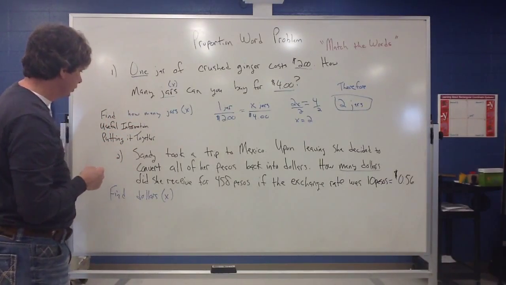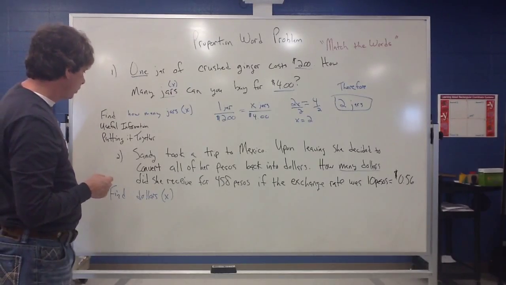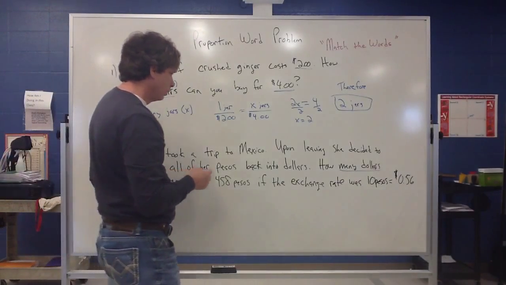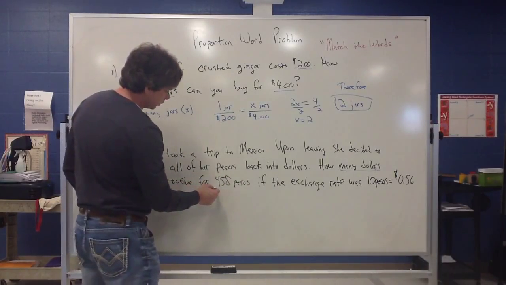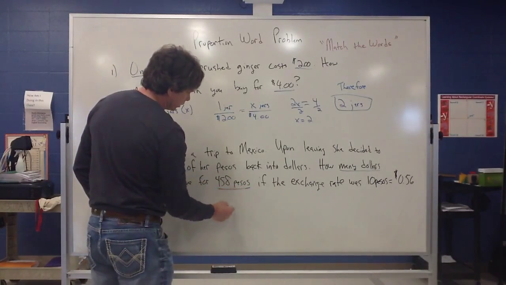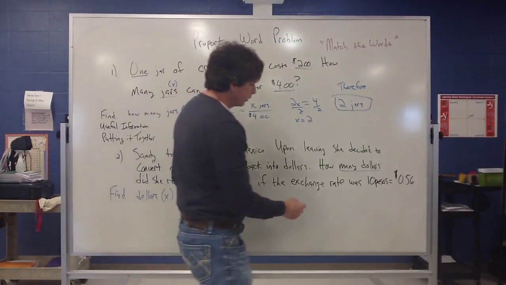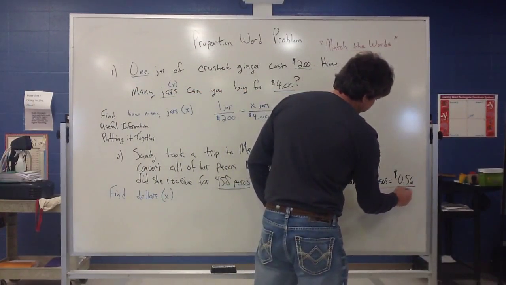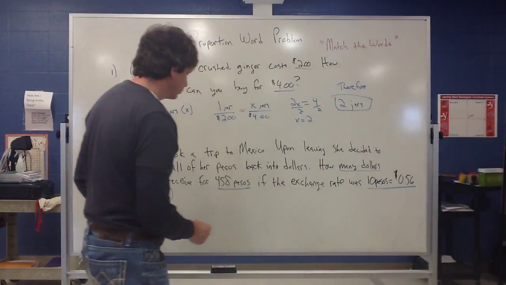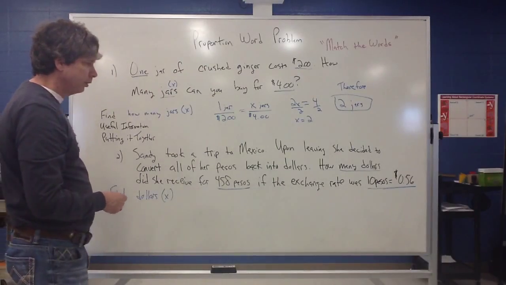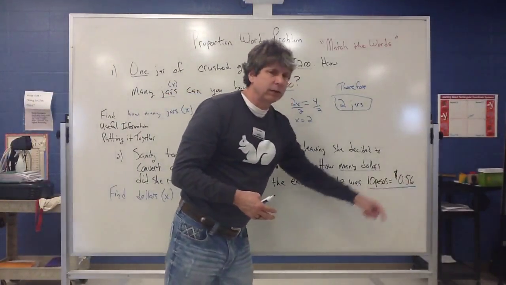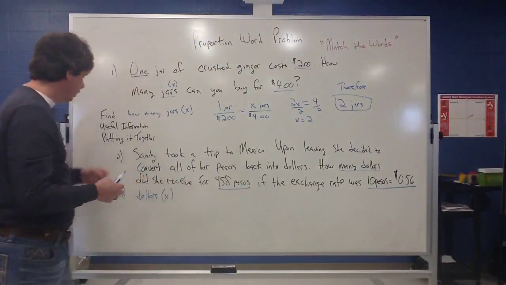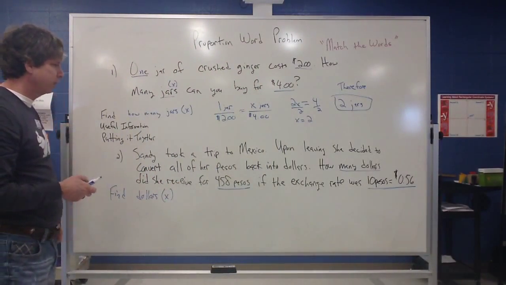Again, you can use any letter you want. I'm just keeping it simple for myself, just using X. Some useful information: what we're picking up on, looks like she's got 458 pesos in her pocket, and there's an exchange rate: 10 pesos goes with 56 cents. So there's like these 3 pieces of information. 2 of these pieces go together. That's really picking up on this proportion language.